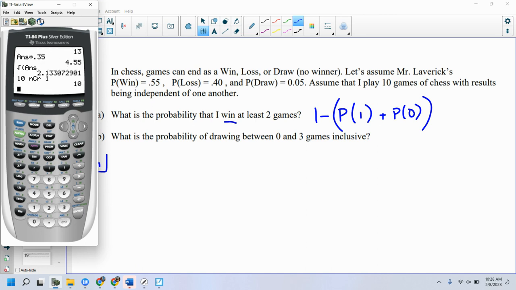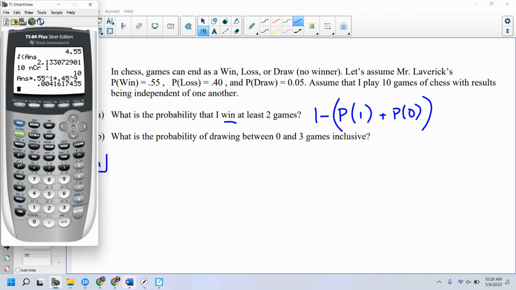Could have just written 10. 10C1 times 0.55 raised to the first power times 0.45, the complement, Q, the loss and draw together, to the 9th.